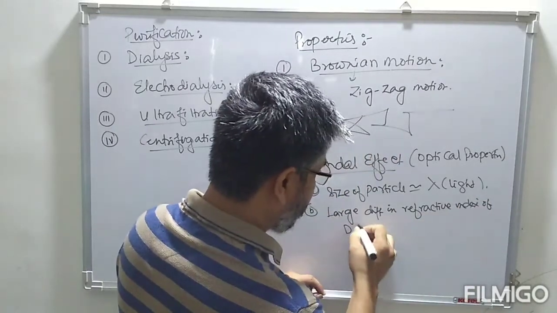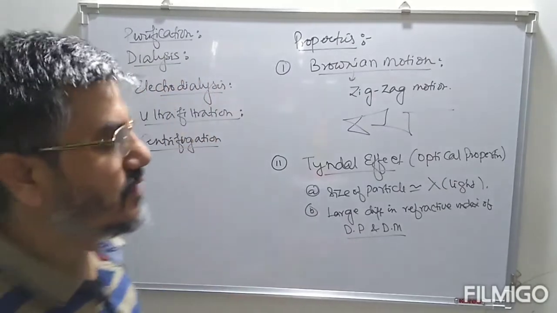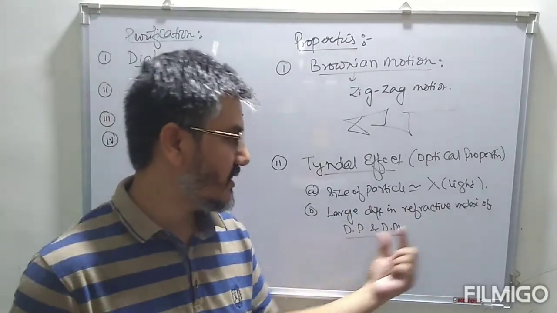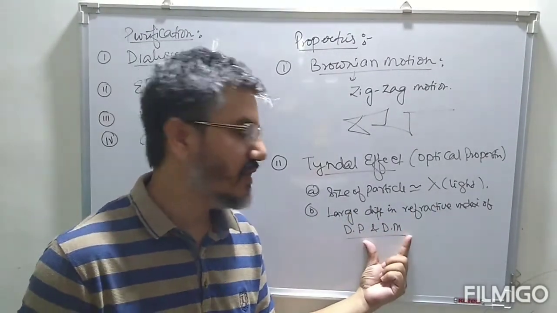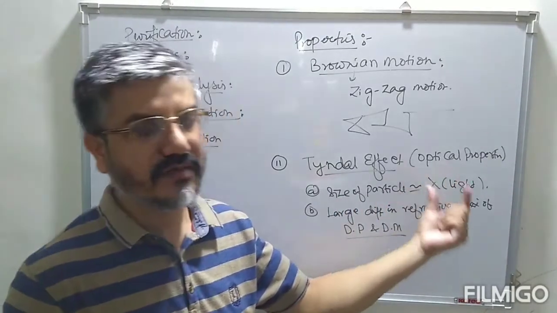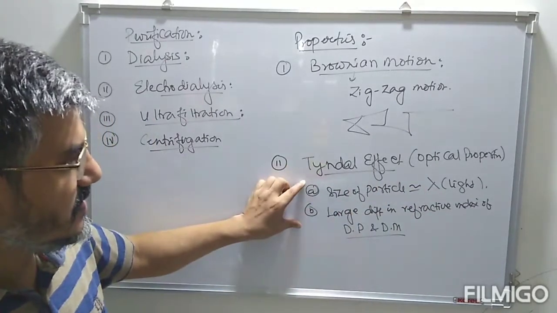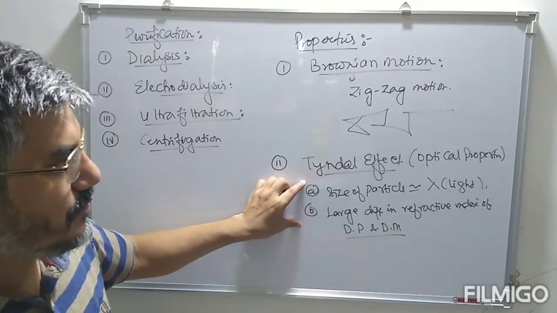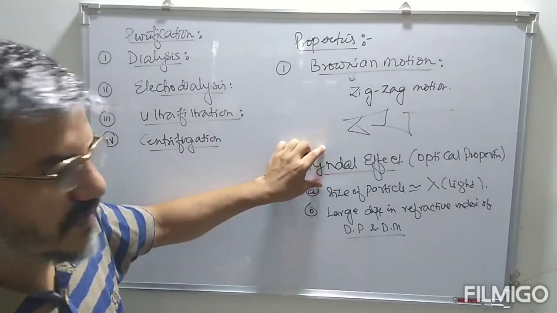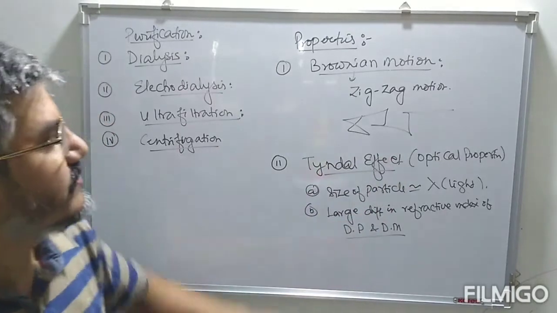So there must be a large difference in the refractive index of dispersed phase and dispersion medium, and the size of particles and the wavelength of light used should be approximately the same. If these conditions are met, then the path of light travel can be clearly observed. This is known as Tyndall effect.